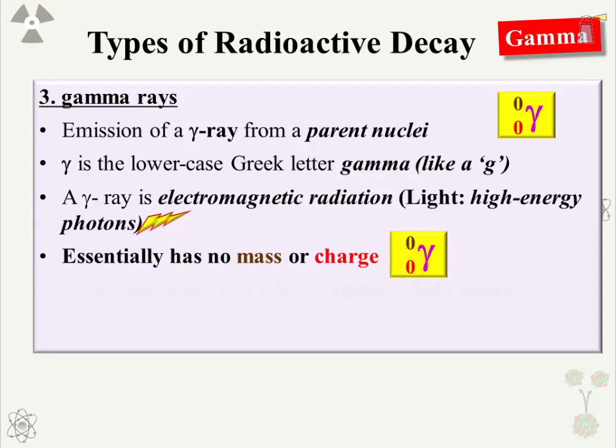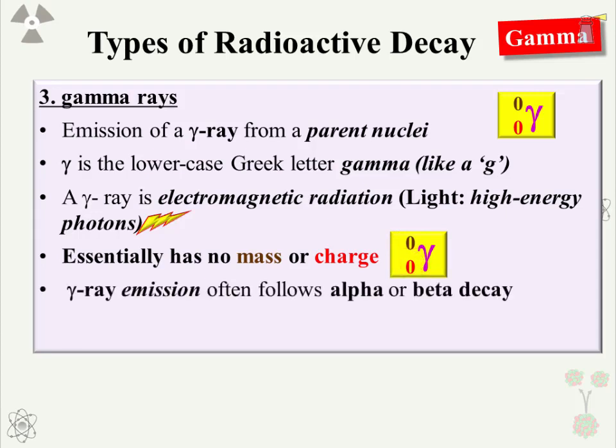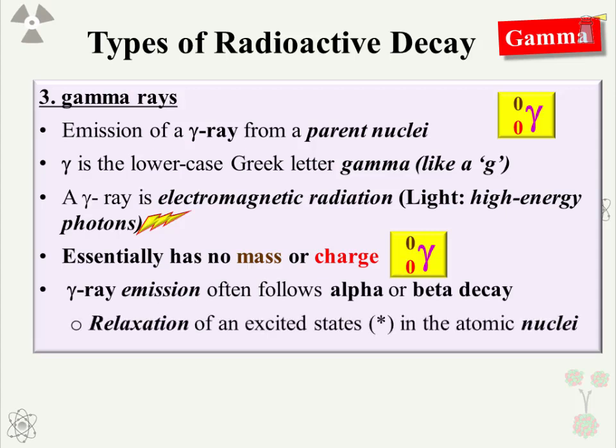Gamma ray emissions often follow alpha or beta decay. It is the relaxation of an excited state in the atomic nuclei. An asterisk is often used to indicate that a nucleus is in an excited state, that is, it has extra energy. An example of just gamma ray decay is the excited nucleus of technetium, atomic number 43.